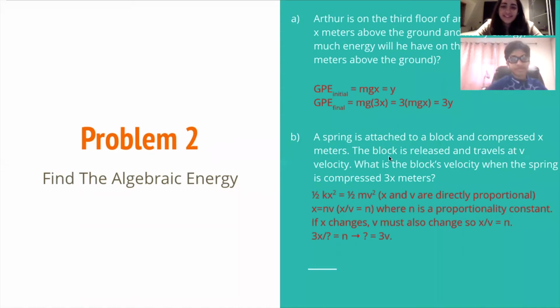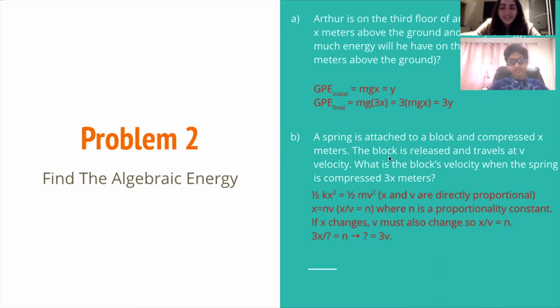So when we look at this, we can see that x squared and v squared are proportional, and therefore x divided by v should be some sort of constant, which we're just going to label as n for now. Therefore, x equals n times v.